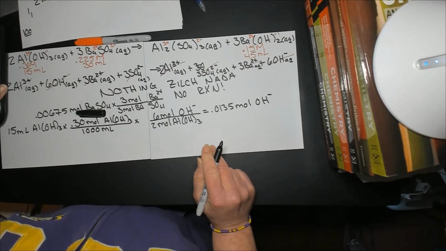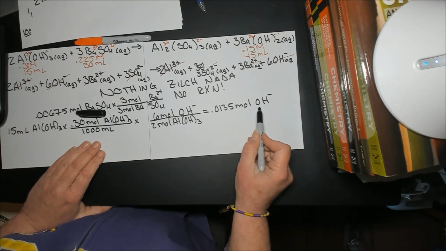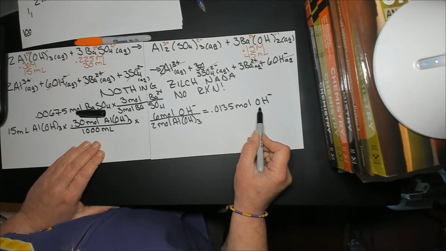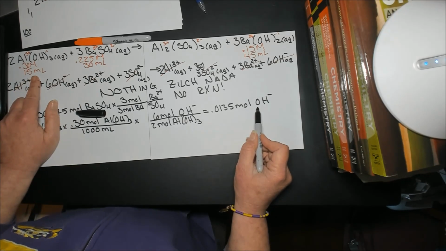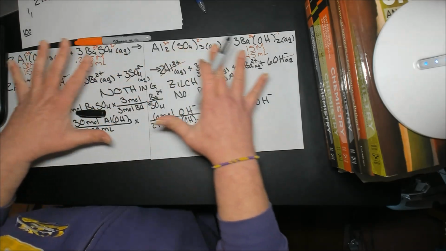And now I could ask two things. I could say, what is the molarity of hydroxide ions initially, so just in that 15 mils? Or what is the final concentration of hydroxide ions after everything is mixed together?